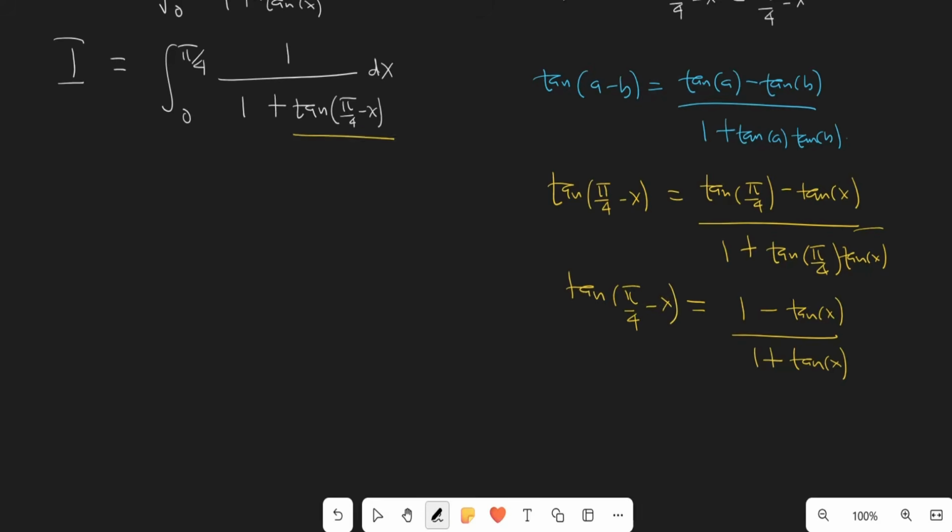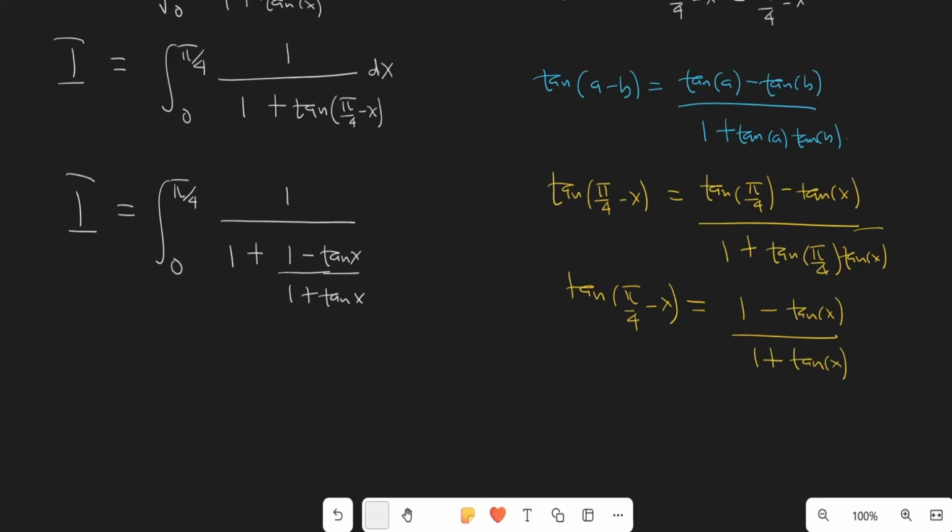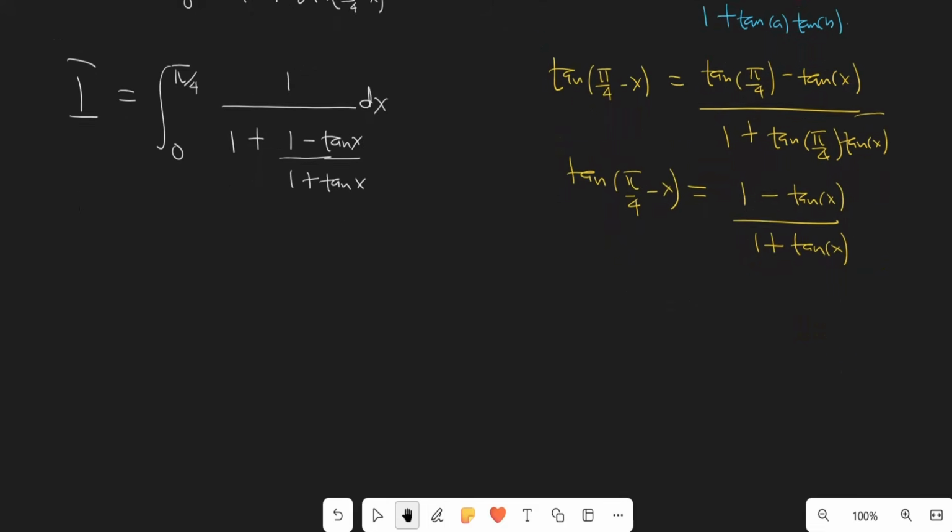So in place of tangent of pi over 4 minus x, I'm going to replace it with this guy and hope for the best. Let's do that. I is going to be equal to the integral from 0 to pi over 4 of 1 all over 1 plus tangent of pi over 4 minus x, which can now be replaced with 1 minus the tangent of x divided by 1 plus the tangent of x, dx.